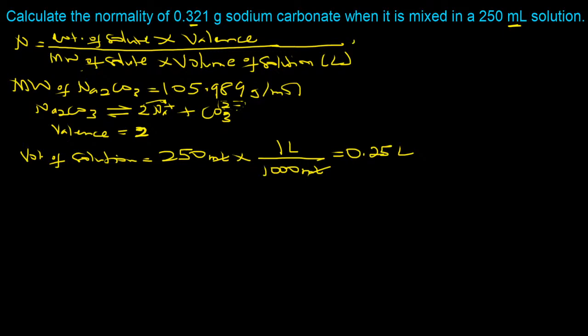So for the normality, it's going to be equal to 0.321 times the valence, which we found to be 2, divided by molecular weight, which is 105.989, times the volume in liters, which we found to be 0.25.